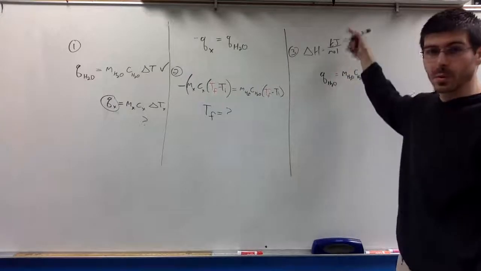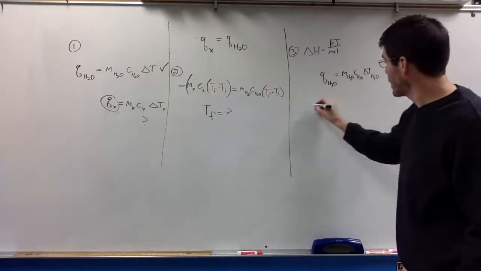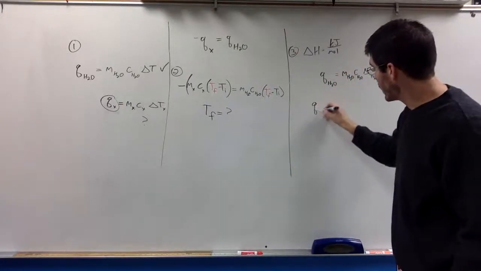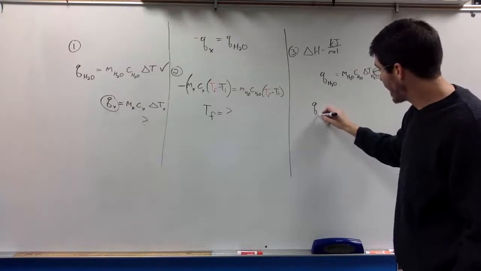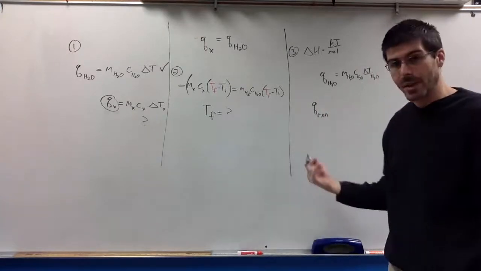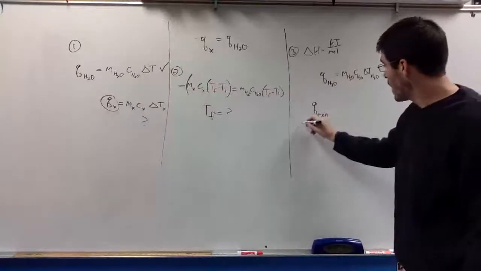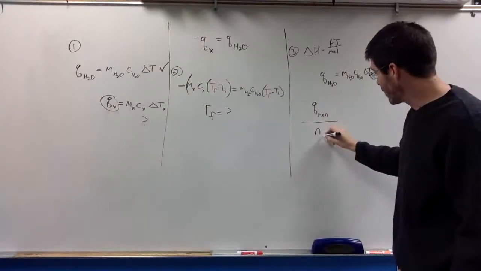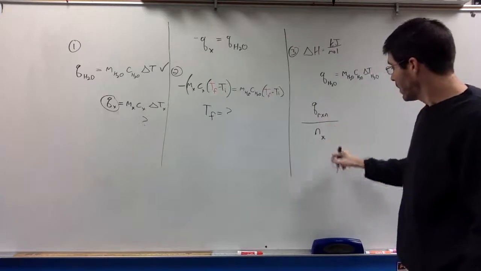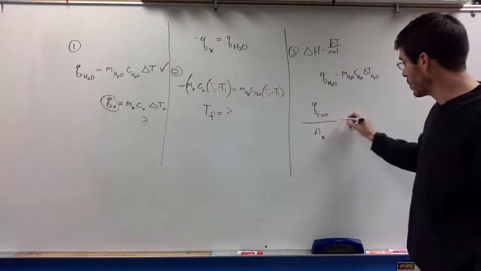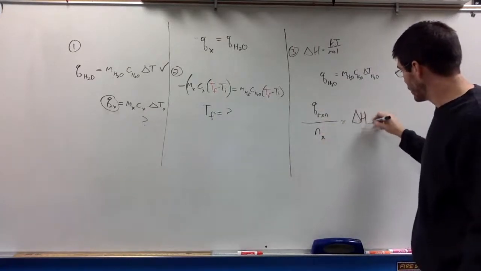We could easily convert between joules and kilojoules, so don't get lost there. Change the sign, and we could get the heat of our reaction, whatever that is. And then we would just need to know how many moles we have. And if we just divided those terms, we could get a delta H.